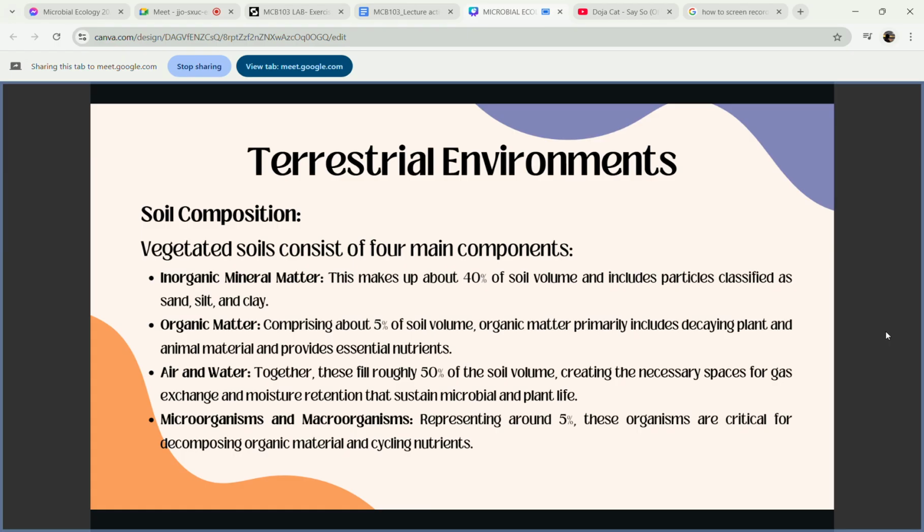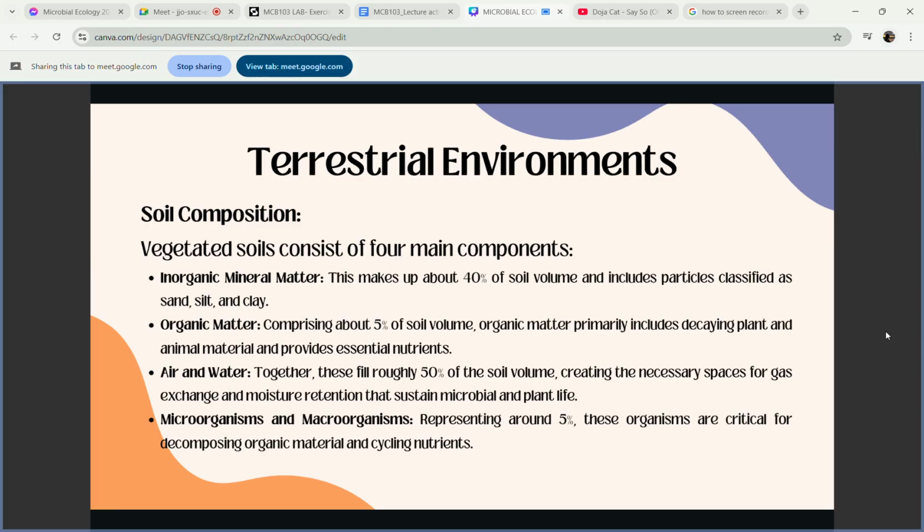Together, this fills roughly 50% of the soil volume, which creates necessary spaces for gas exchange and moisture retention that sustains microbial and plant life. And lastly, of course, the microorganisms and macroorganisms represent about 5% of the soil volume, where they are critical for biogeochemical cycles and decomposing organic material.